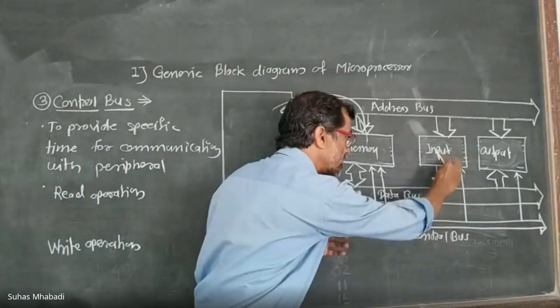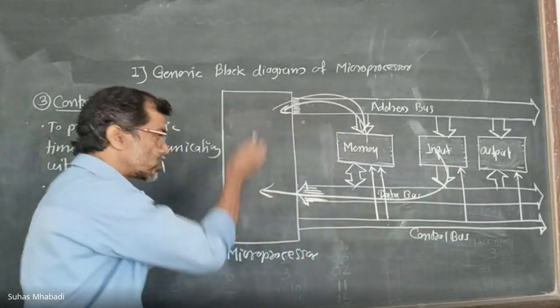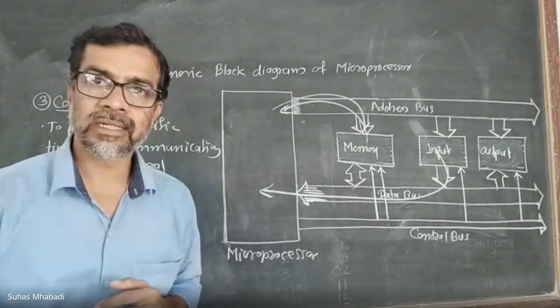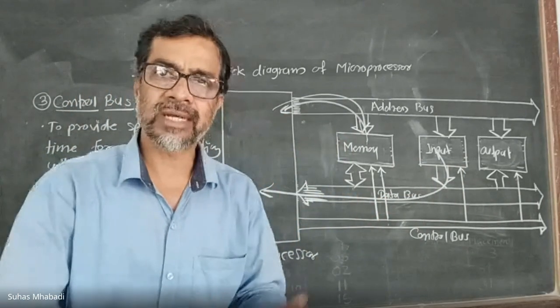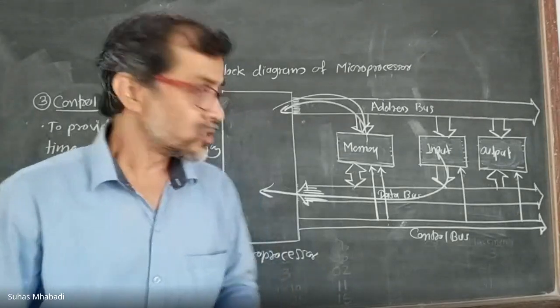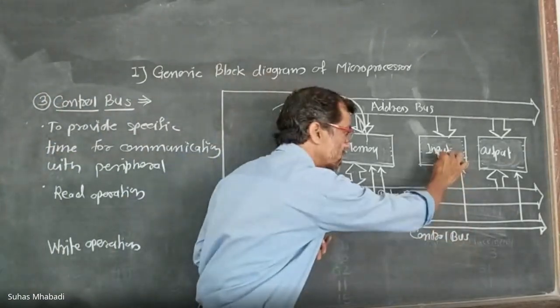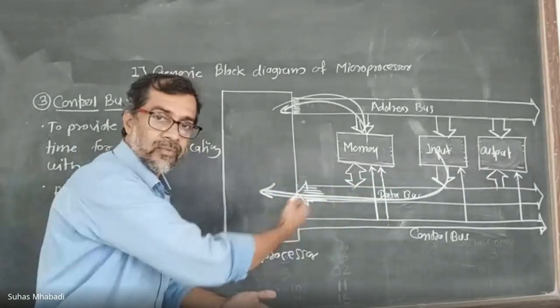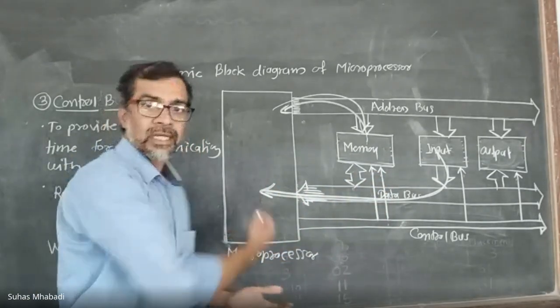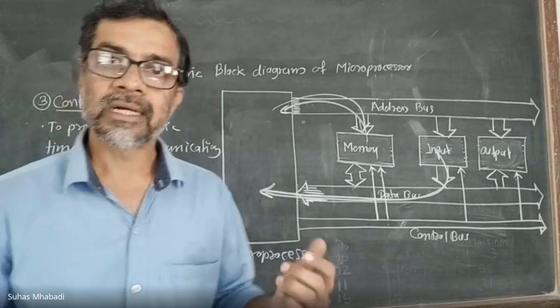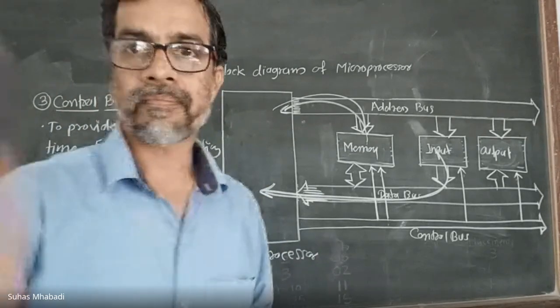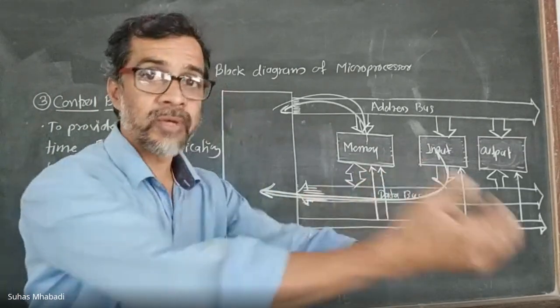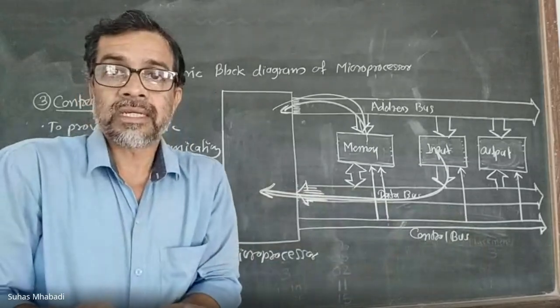This data will go to the processor, for what? For the computation process, arithmetic and logical operations. So when the data is transferred from the input device and the data flow is towards the processor, this process is called the read process. Reading the content from the input device by the processor.